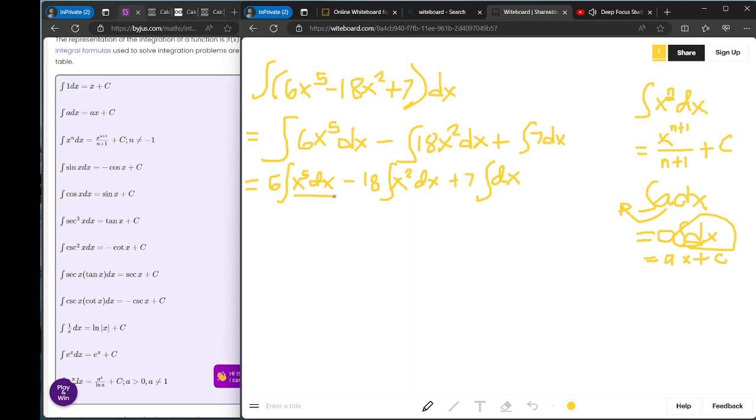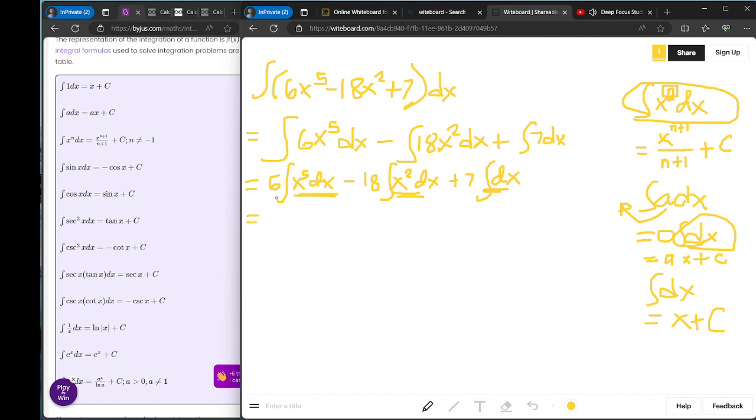As you can see, we now have this form here, and also this one. So n here is any number, the exponent. And this one here is just like this one. The integral of dx is equal to x plus c.